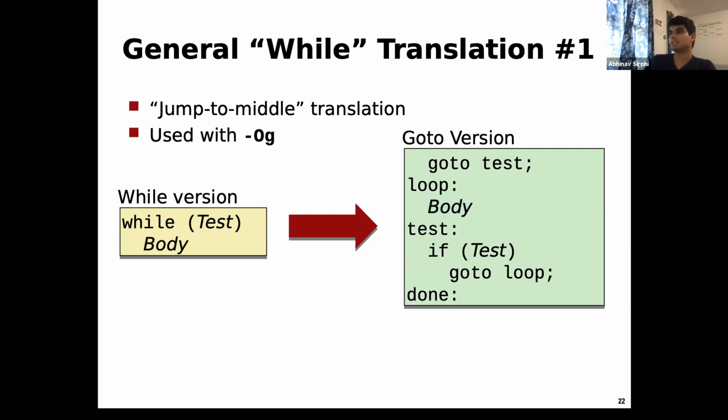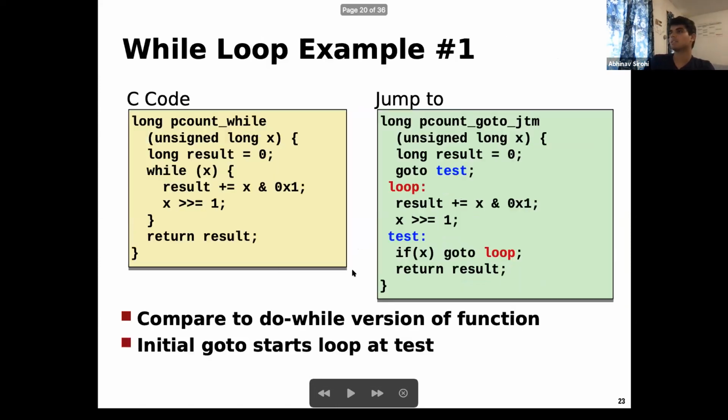But in this case, the test is run right from the start. So only if the condition is initially met will it go into the loop, and then it'll execute the body, do the test again and go back to the loop, and keep doing this until the test fails and the function will end and return.